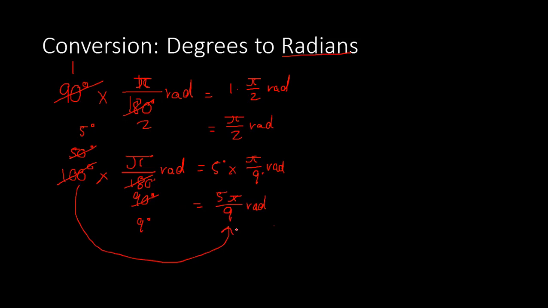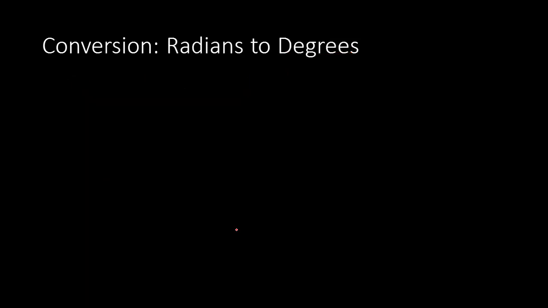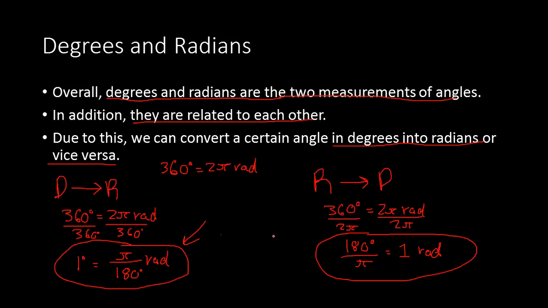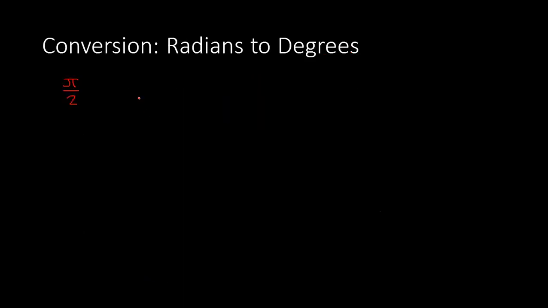All right? Now, what if you want to convert radians to degrees? So we have pi all over 2 from earlier. Pi all over 2 is just the same as 90 degrees. So let's prove it. Recall that if you're going to convert radian to degree, you're going to use this one. So we will multiply the given radian by 180 degrees all over pi.